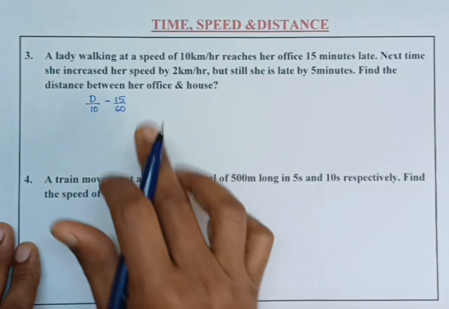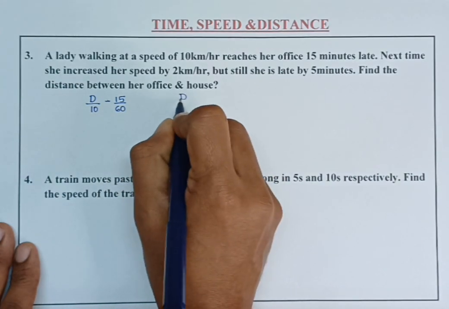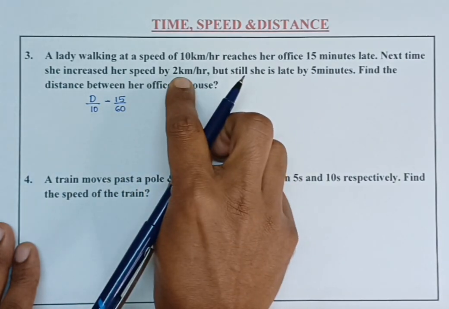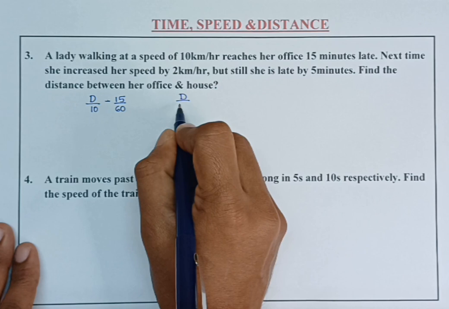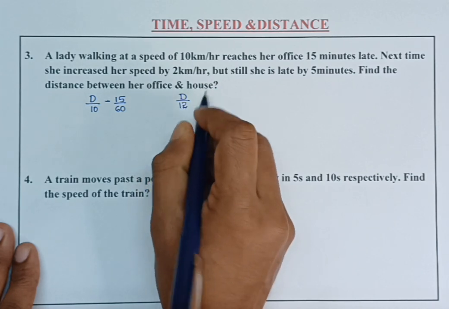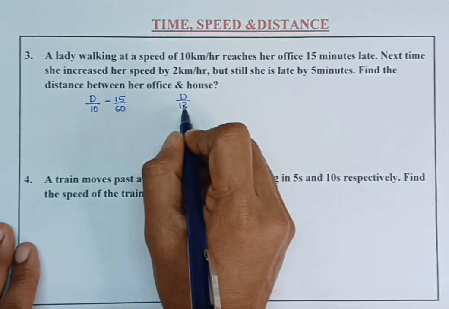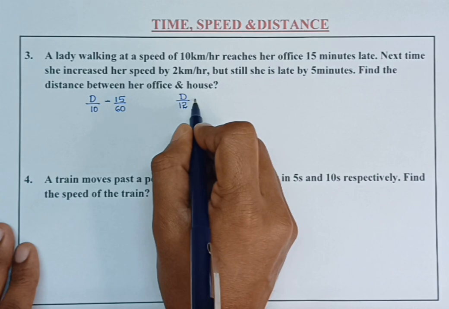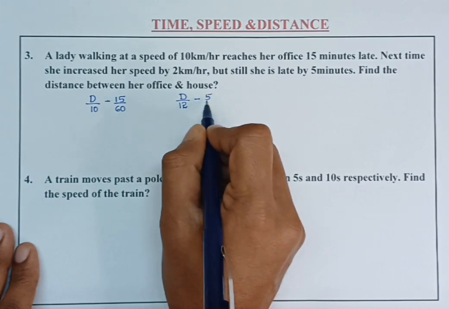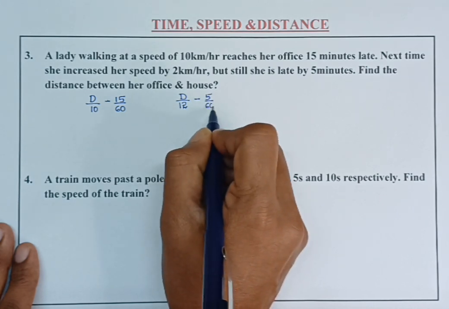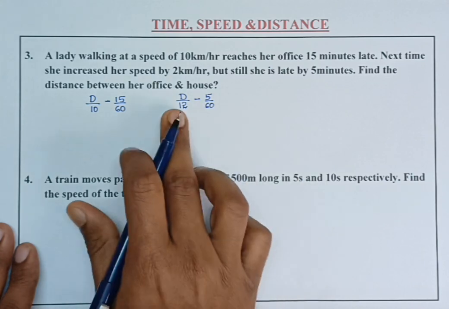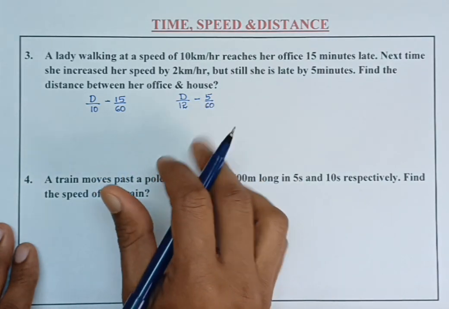And in the second case, the distance d she has covered at 12 kilometer per hour. So d by 12 will be the time taken, and she is 5 minutes late. So d by 12 minus 5 by 60 is the ideal time.